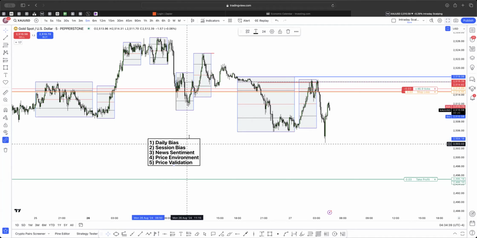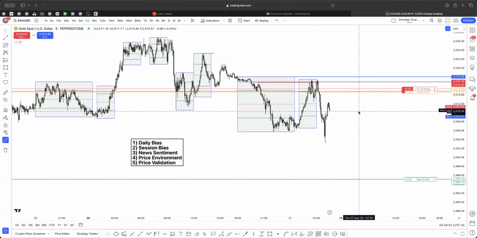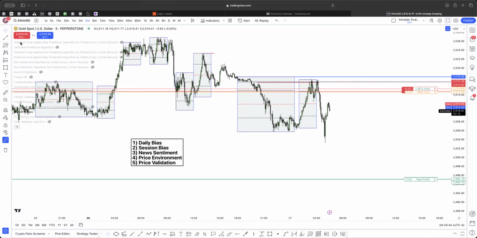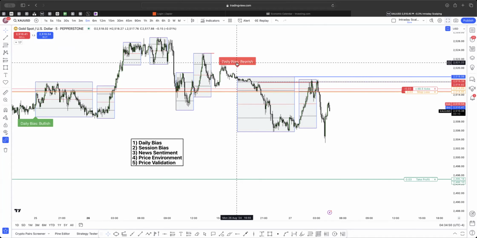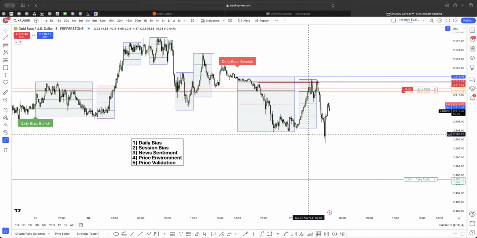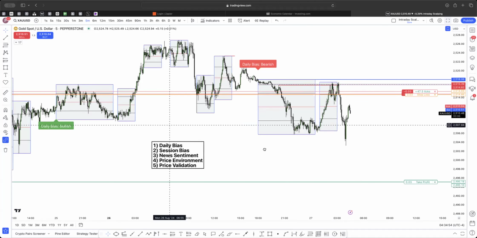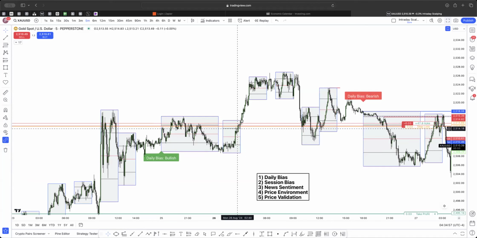Don't believe me? Look, see this gold seller here. If I show you the daily bias algorithm here, can you see that? Daily bias is bearish. Yesterday, daily bias is bullish.